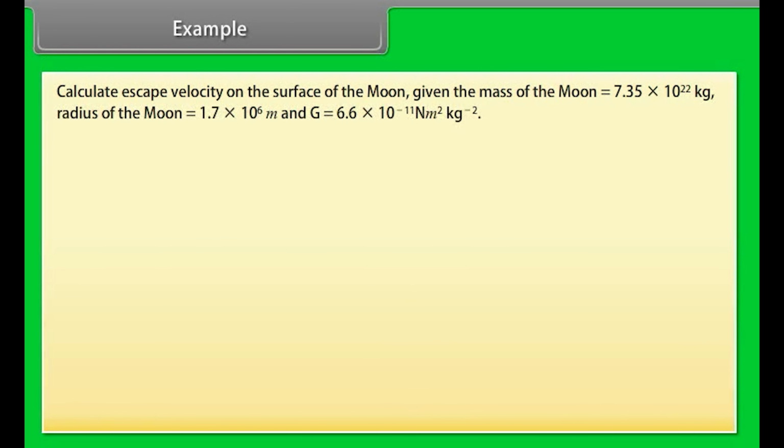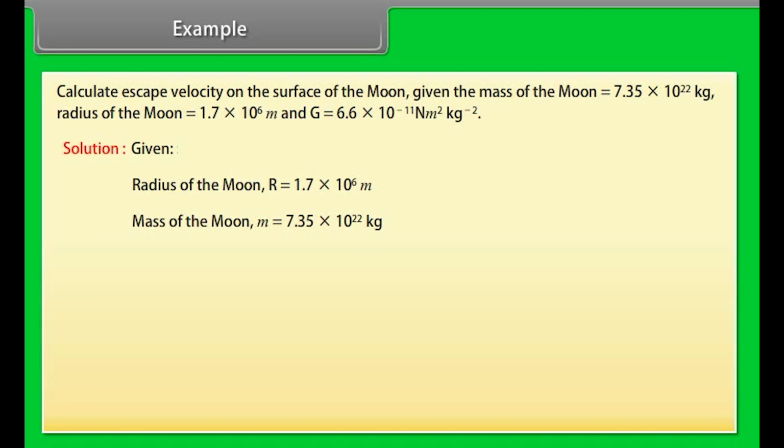Example. Let's take an example of escape velocity. Calculate escape velocity on the surface of the Moon, given the mass of the Moon, radius of the Moon, and value of g. Let's see the solution. Given radius of the Moon R = 1.7 × 10^6 meter.